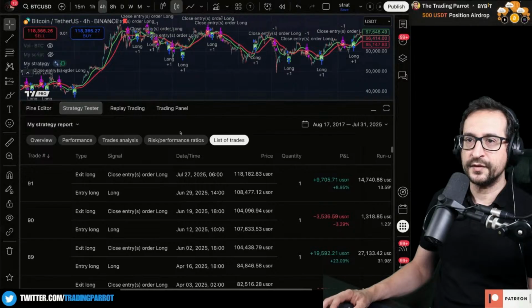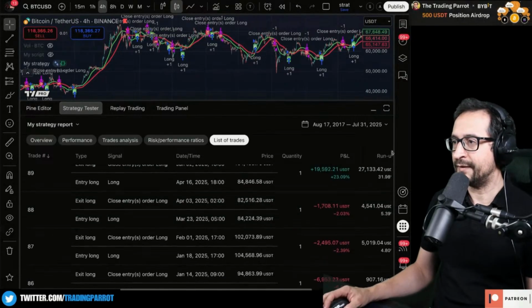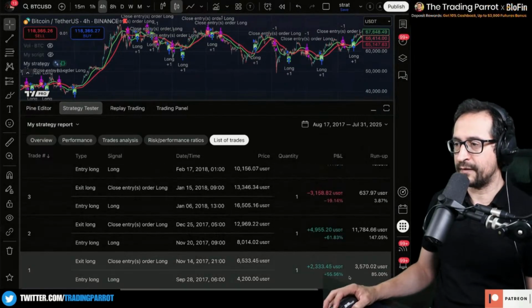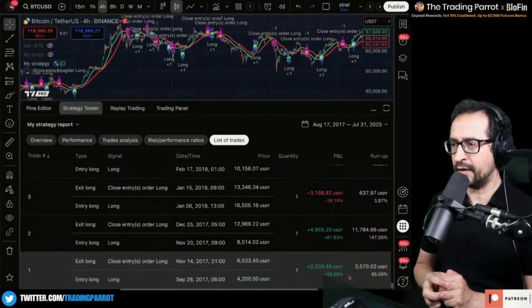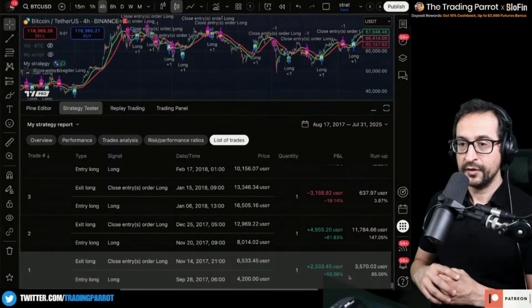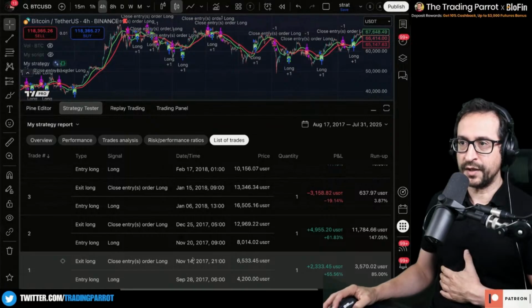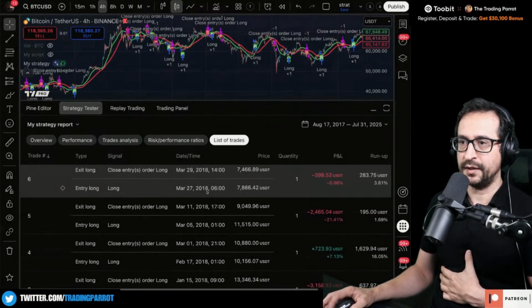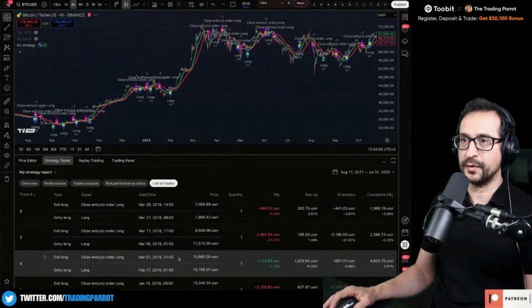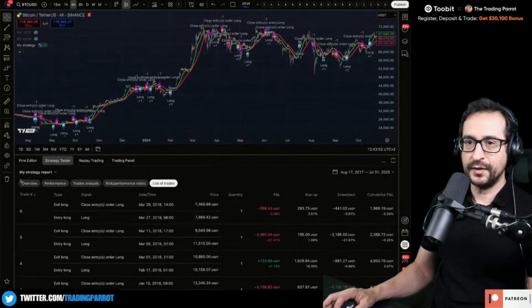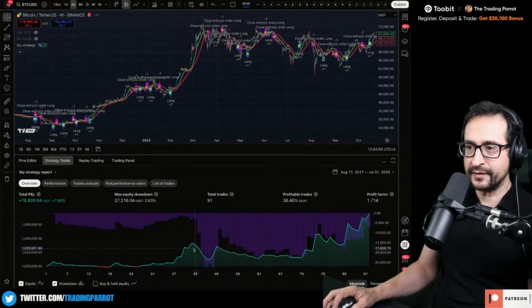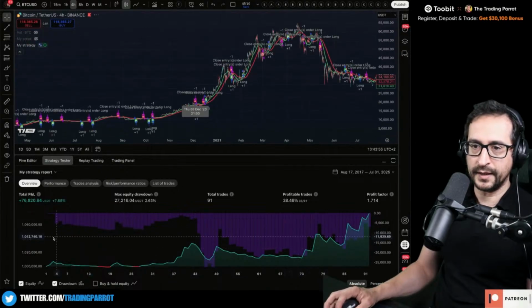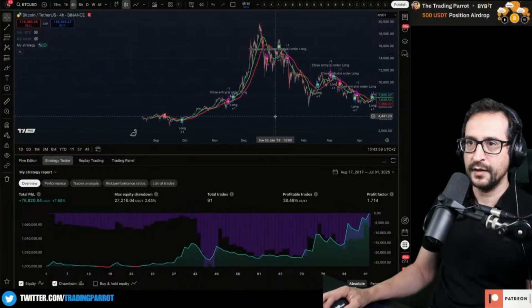Let's go into the strategy tester, and let's see a few positions that are taking place in here, and let's see if it's doing something. So the first entry, first trick, we're going to click on this. It's not working. It used to work. I used to click in different areas and it used to go, okay, this one is working. Let's go back in time to the first trade.